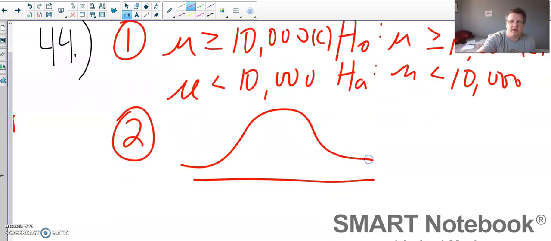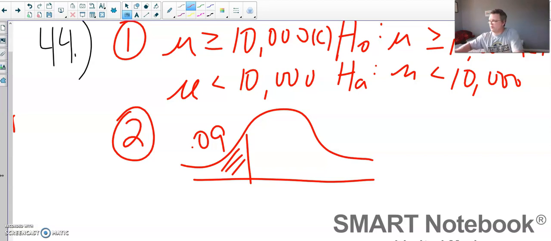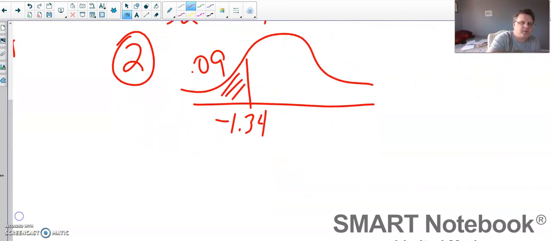My level of significance is 0.09, and in my table I look up 0.09 and I have negative 1.34. That's my Z critical value. Now step 3, I have the Z equals.